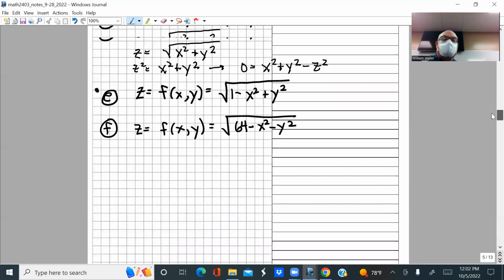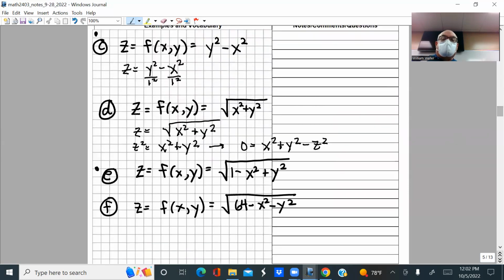Why is that? Don't think about this equation. Remember, the original equation is z equals the square root of x squared plus y squared. And the square root of x squared plus y squared is always going to be positive, so z is never going to be negative.